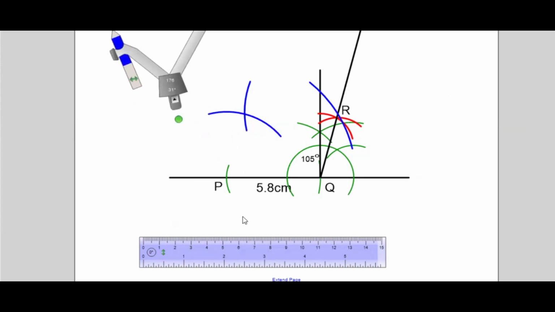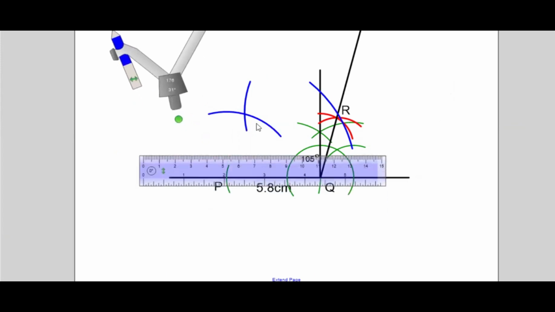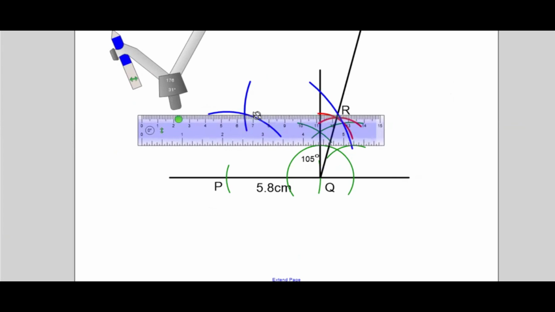From there, we place a ruler to draw a line through R parallel to PQ. So it goes this way.